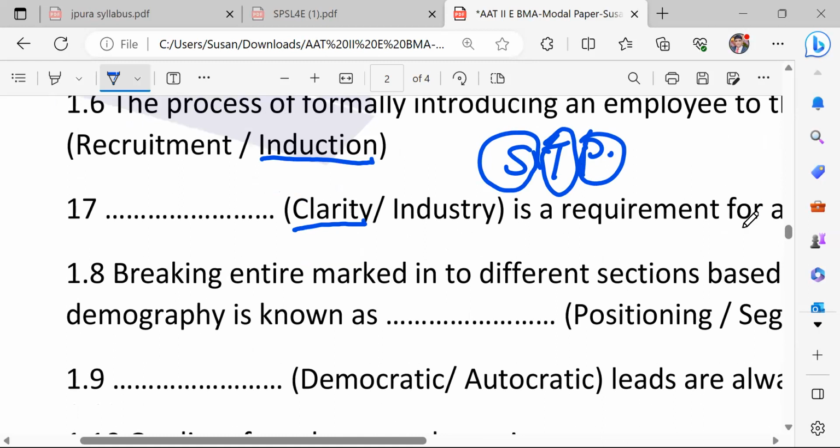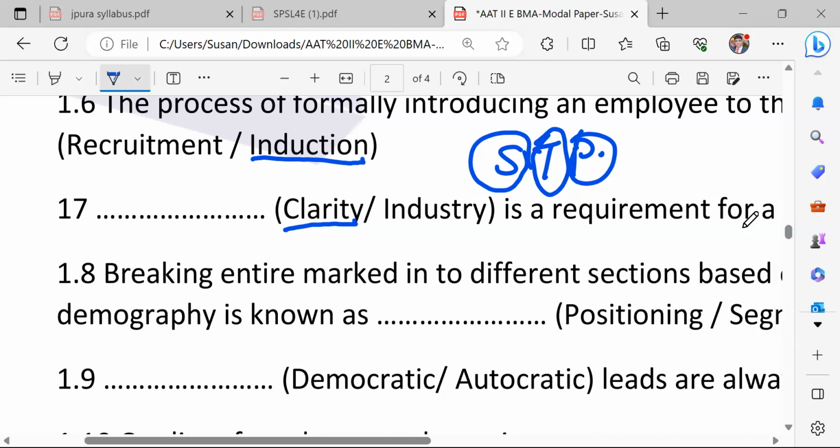We can identify different categories. As an example, that may be geography, the requirement of goods and services according to geographical areas. And age, that is demographic. Maybe religion. We can identify different requirements of people and divide the entire market into small areas.